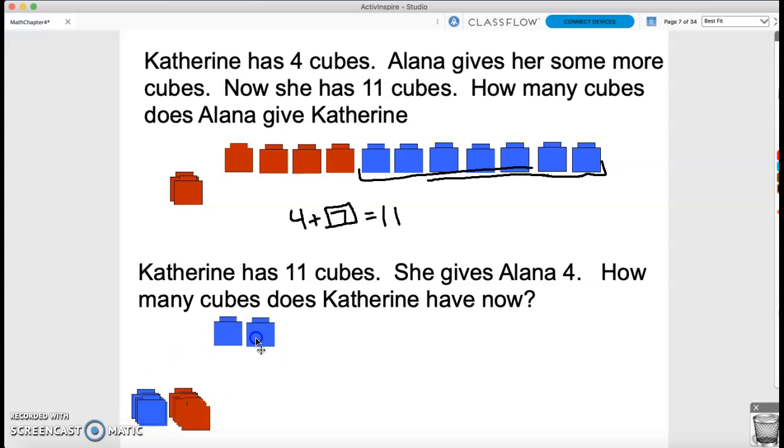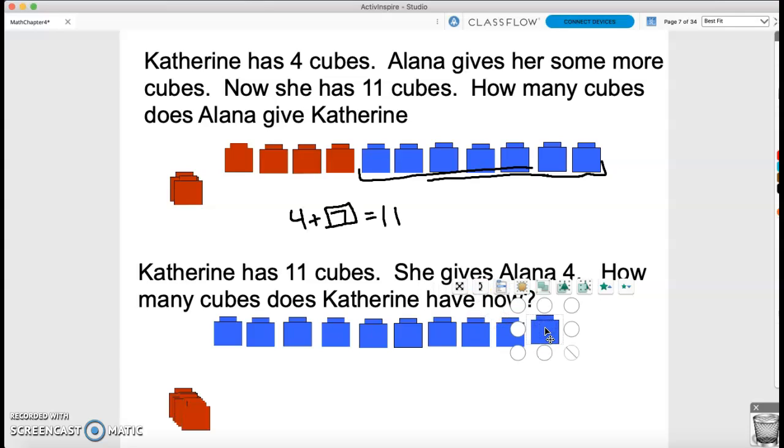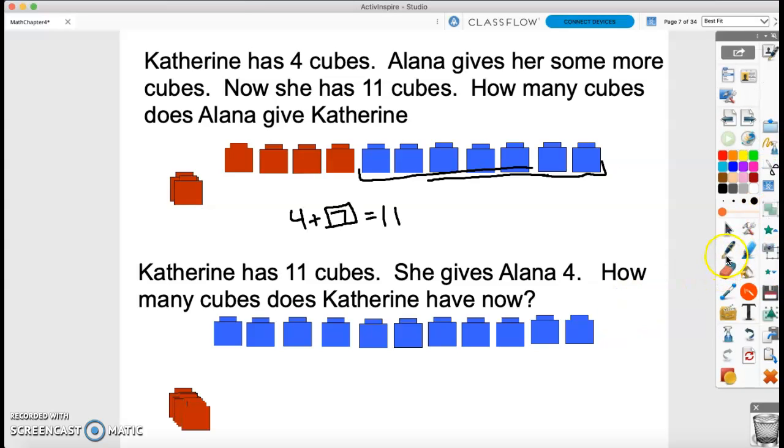1, 2, 3, 4, 5, 6, 7, 8, 9, 10, 11. She has 11 cubes and she gives 4 to Alana.